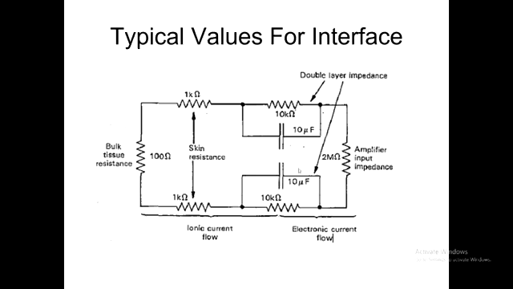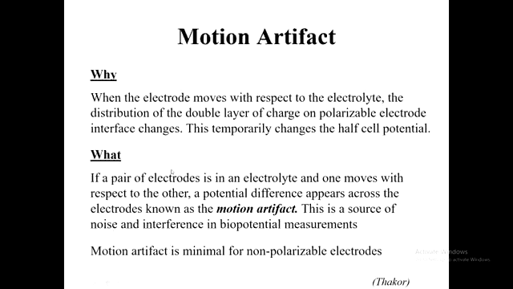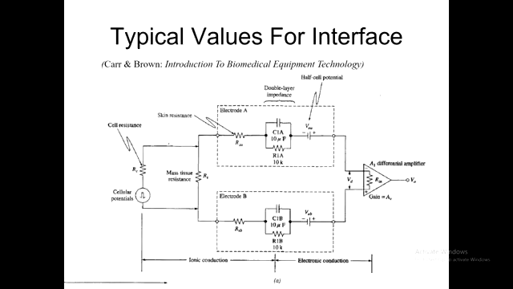The bulk tissue resistance is RT. Now you might ask, as I do, the validity of having this in parallel with that. That's a good question, worthy of further investigation.